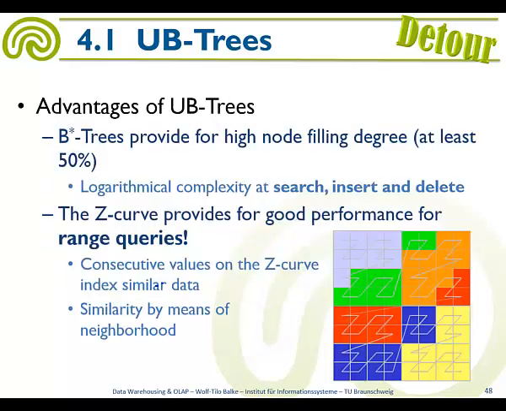And of course there are other curves. These are Z curves, there are Peano curves, there are a lot of different functions out there that allow you to do some kind of multi-dimensional linearization, but in blocks and neighborhoods rather than just linearization. Z curves are very good for range queries.